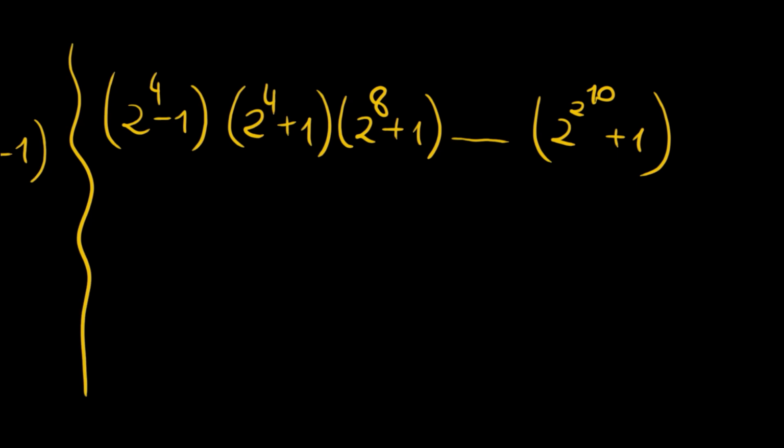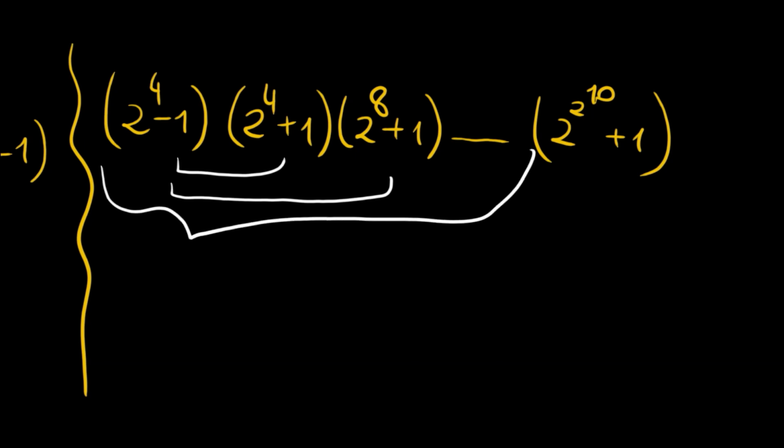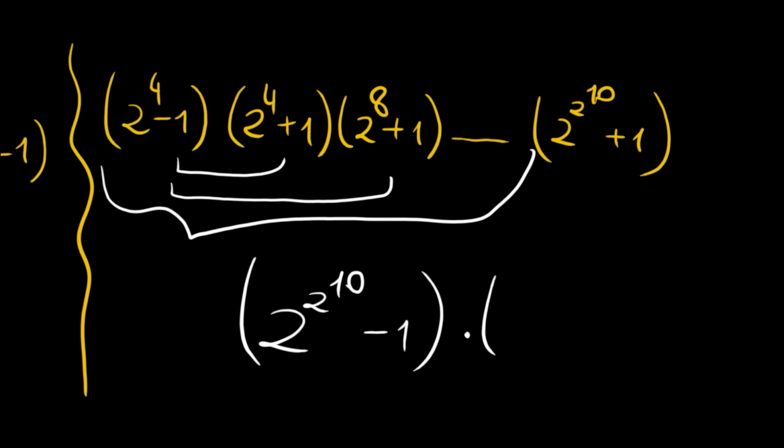We will get 2 to the 8th power minus 1, 2 to the 16 minus 1, and up to here we will have 2 to the power of 2 to the power of 10 minus 1, and this will be multiplied by 2 to the power of 2 to the power of 10 plus 1.